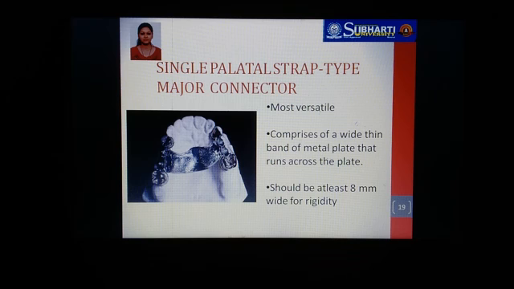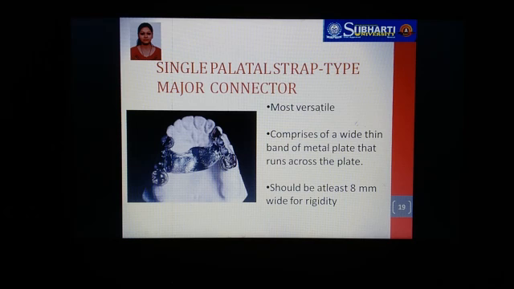So if we are talking about the single palatal strap, there is going to be a single strap which unifies the components from one side of the arch to the other, and its width should be 8 millimeters. Why this unit of 8 millimeters? It could have been 5 or 6 millimeters, but why 8? Because we require a certain amount of rigidity from the major connector.